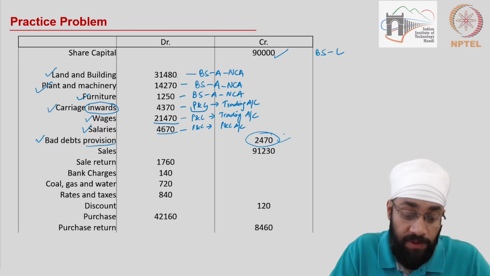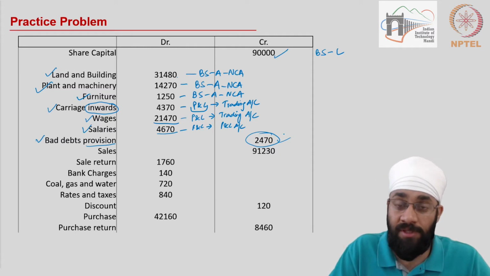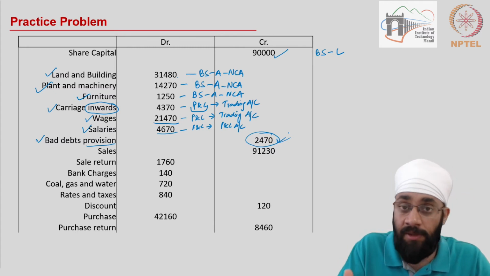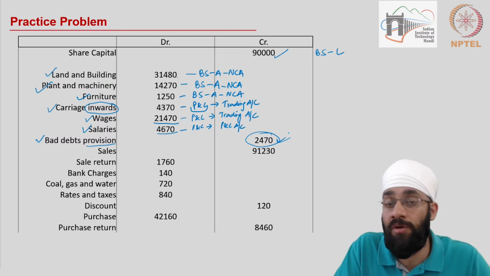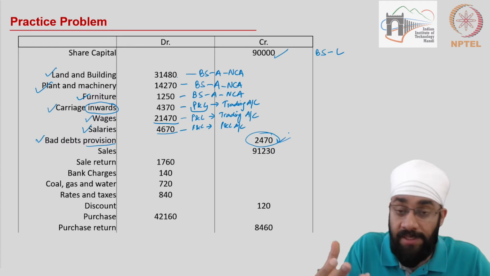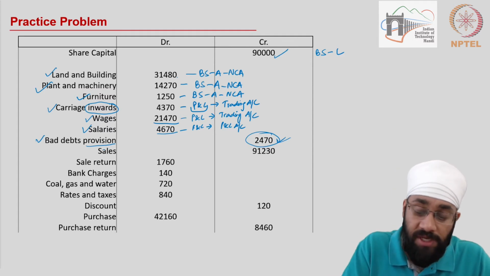They go insolvent and you're not able to recover the money. In that case, this loss will be made good using this amount. So that's the provision you are creating. Similarly, you could create provision for tax liability that could rise up in future, unforeseen other kinds of liabilities as well. So that's how the provisions are created.